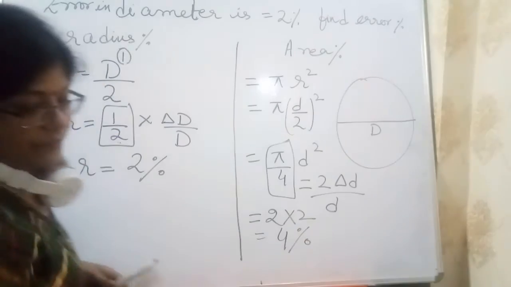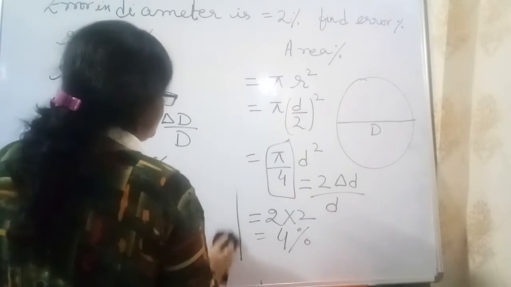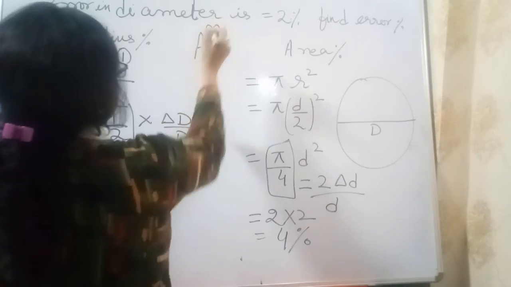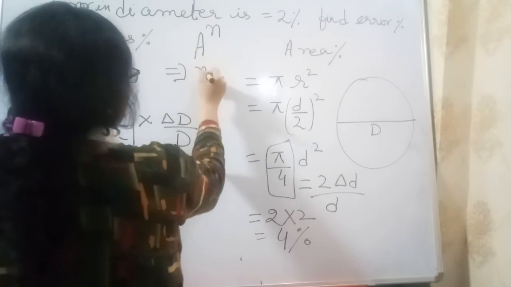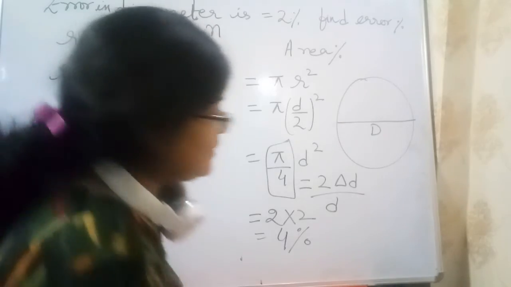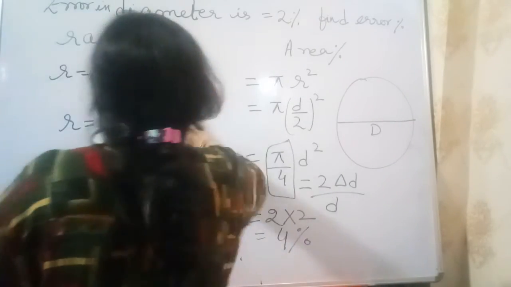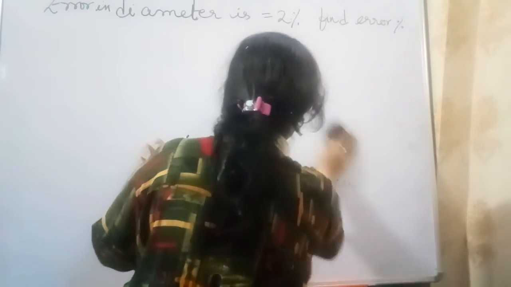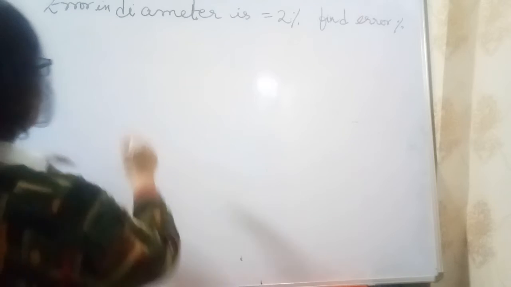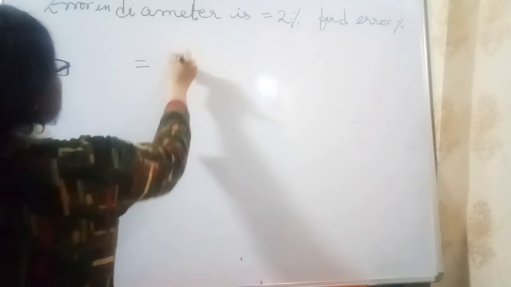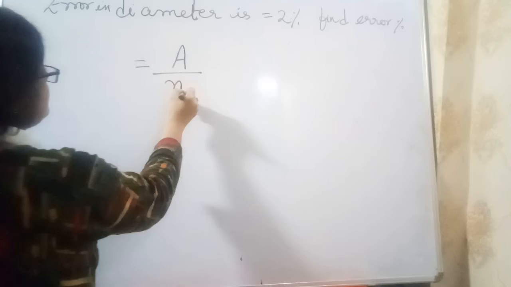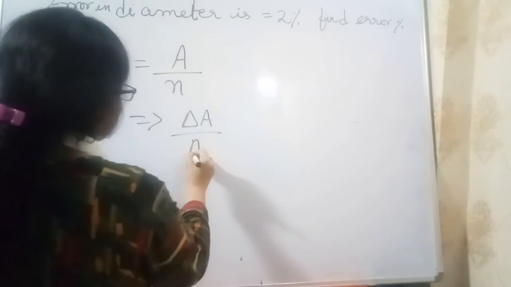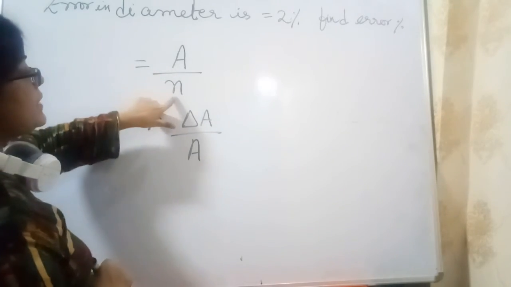Okay, so I want to conclude that when we have anything in power, then we have error analysis n delta. Okay, I am just removing it and explaining to you. Just see over here. If we have anything where we have a by n, then in error we just simply write delta a over a, and there's no need to calculate n.